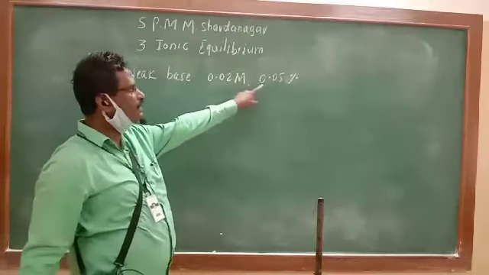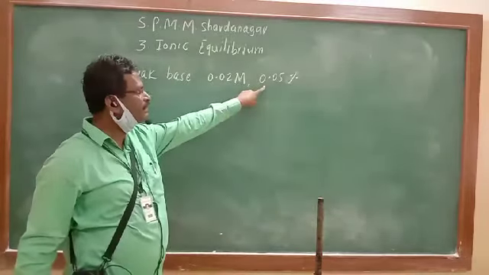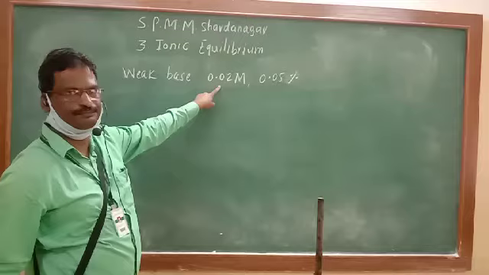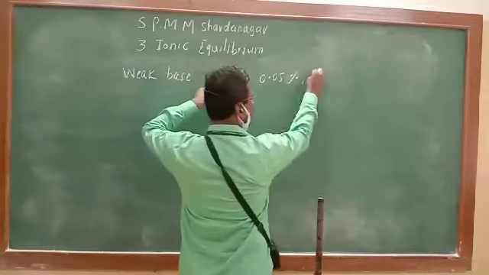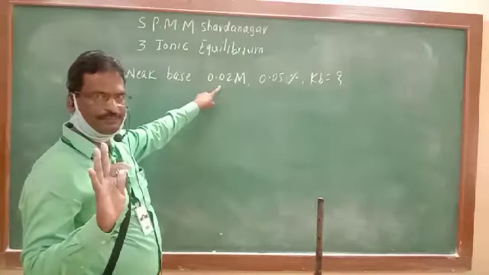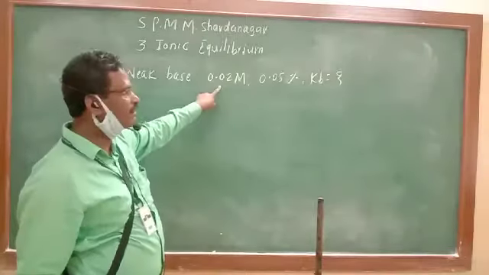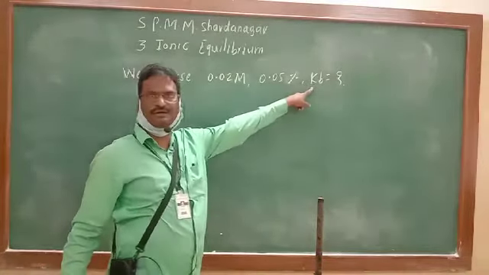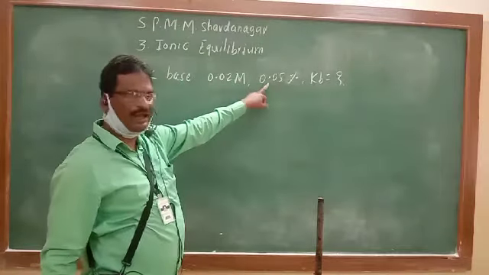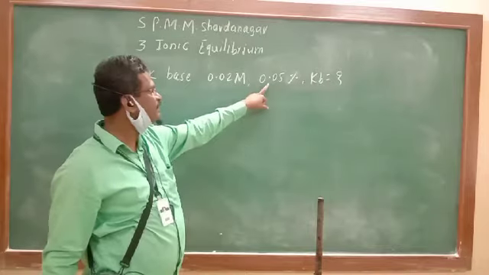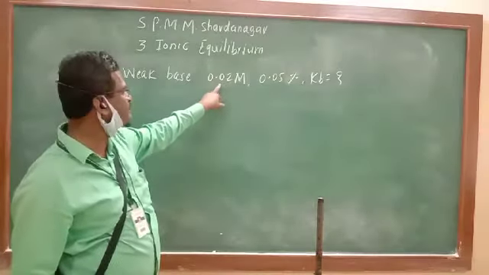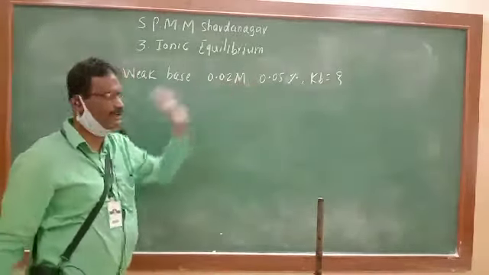The weak base is 0.05% dissociated in its 0.02 molar solution, and we have to calculate the dissociation constant of this weak base. You got the problem? They are asking to calculate the dissociation constant of the weak base. Here they have given the percent alpha 0.05% and the concentration of base is 0.02 molar. We have to calculate Kb.